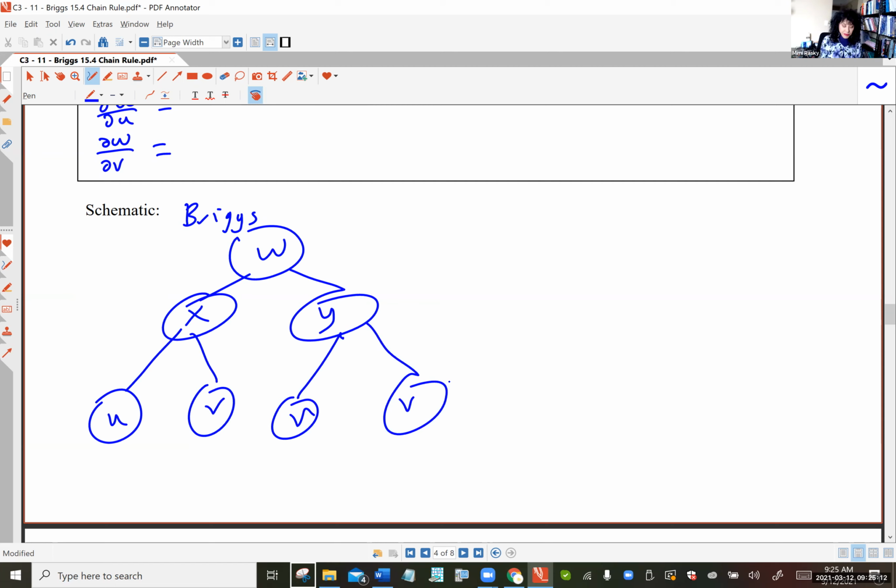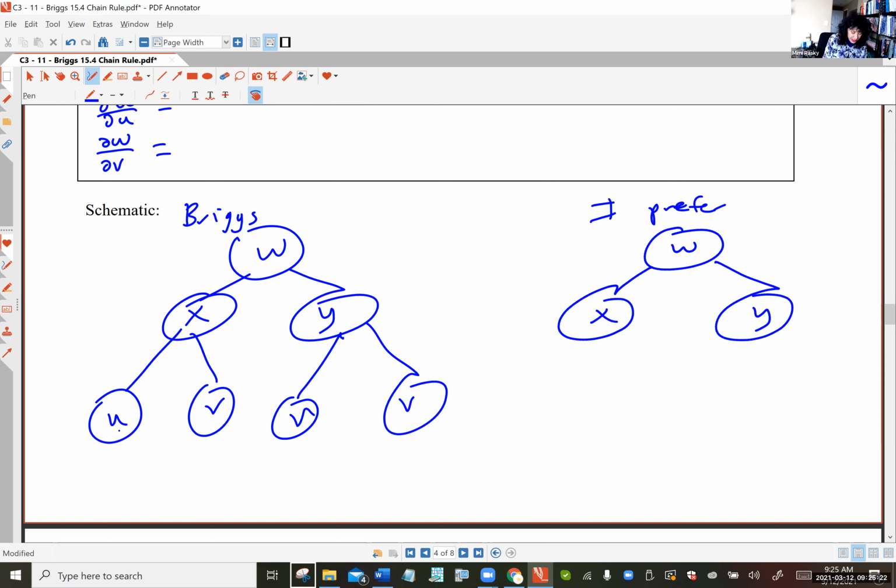Fine. So I prefer it's similar. So you start with W as a function of X and Y. But these U's and V's that you see down here are really the same U and V. It's not like X has his own personal U and V, which are completely distinct and different from Y's U and V. U and V are just U and V, like this.